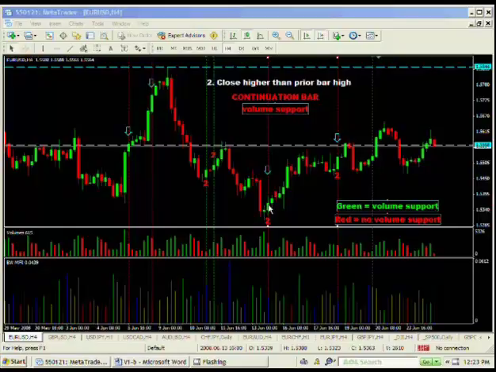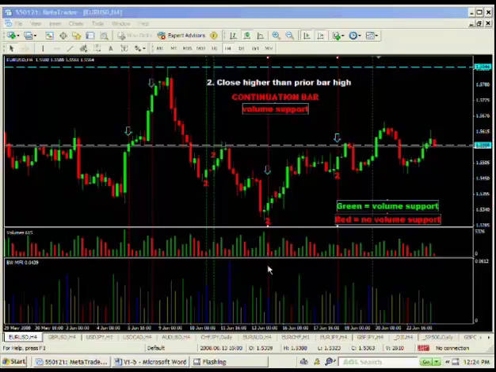And that brings us to our Market Facilitator Index, our MFI, down here. You see this blue line here, and we've talked about before how blue means operator or professional participation in the market. When we look at this bar, we see that it did have lower volume. However, it's a strong bar, and the operators participated on strength.